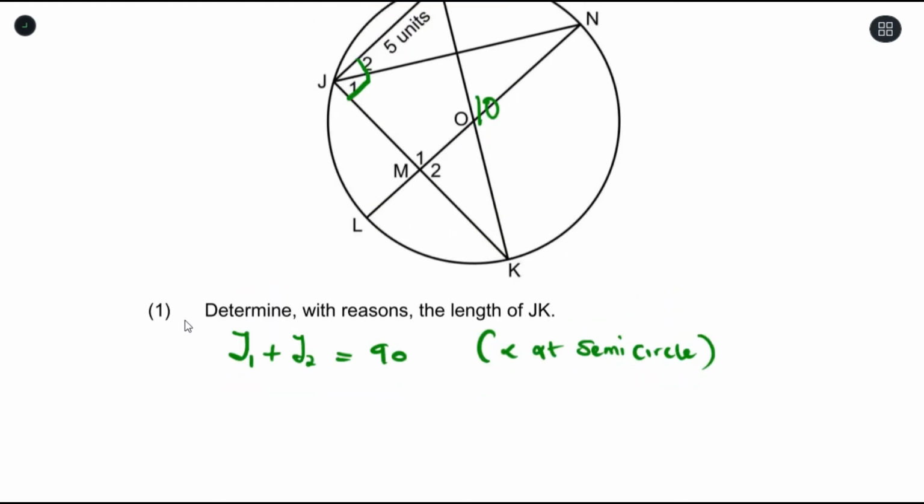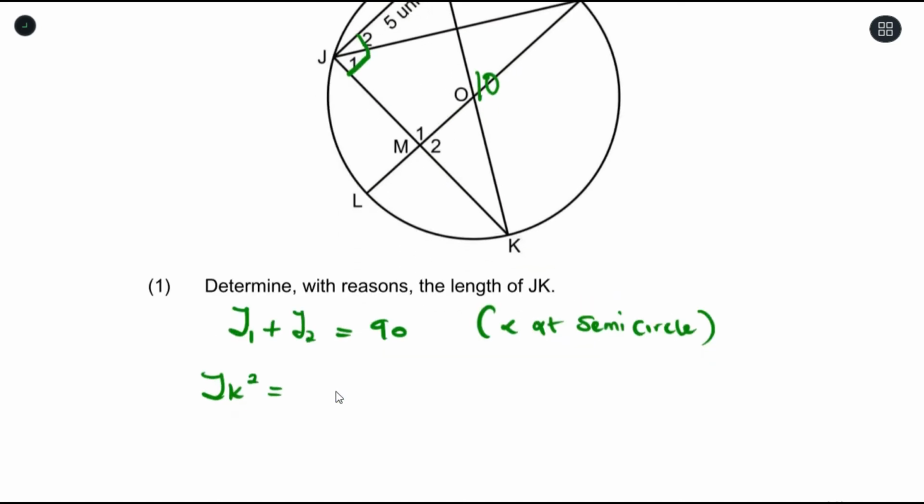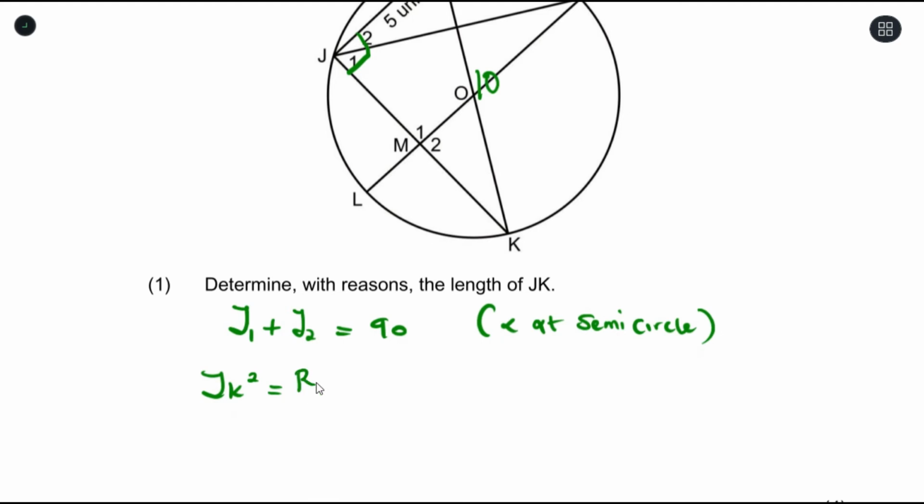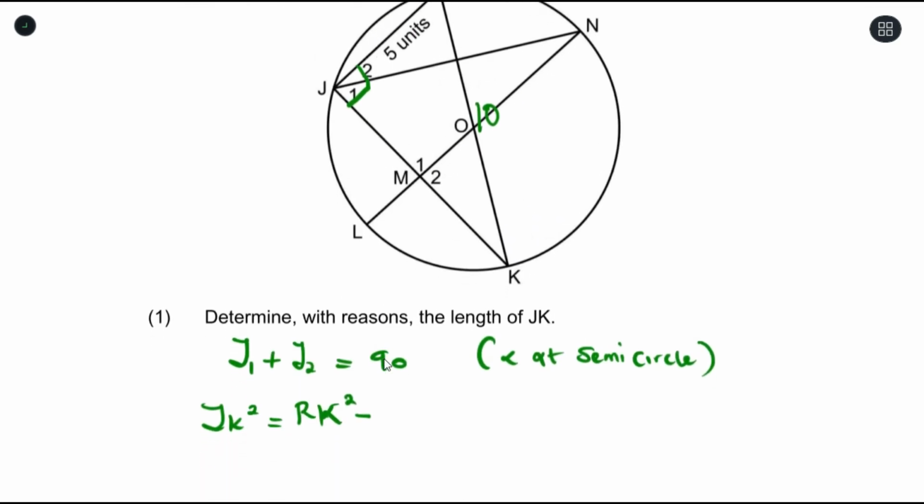So since we're trying to get JK, we could just say JK squared is equals to the hypotenuse, which is RK squared, minus the other side, which is JR squared. So this is just 10 squared minus 5 squared is equals to JK squared.